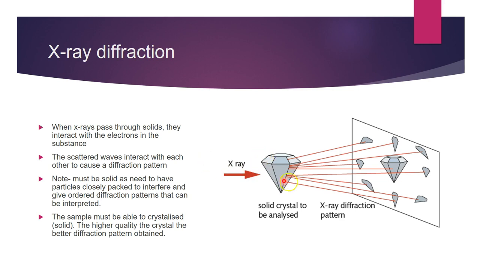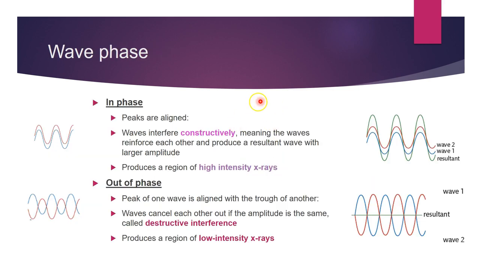So the better the quality of the crystal, the better the diffraction pattern we get. Using synchrotron beam lines and things like that allows us to get better images from smaller crystals. So with technology, we are seeing improvements in this.